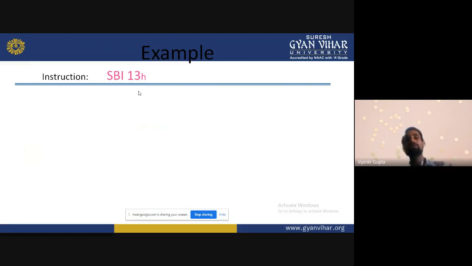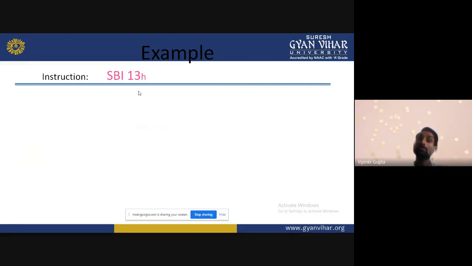Now come to the next example, that is SBI 13H. SUI means subtraction without borrow, and here it is subtraction with borrow. In the previous example, we were not bothered about the borrow, the previous flag value.